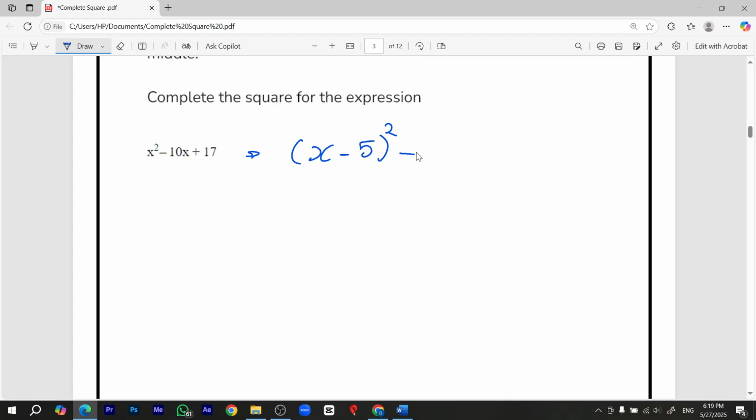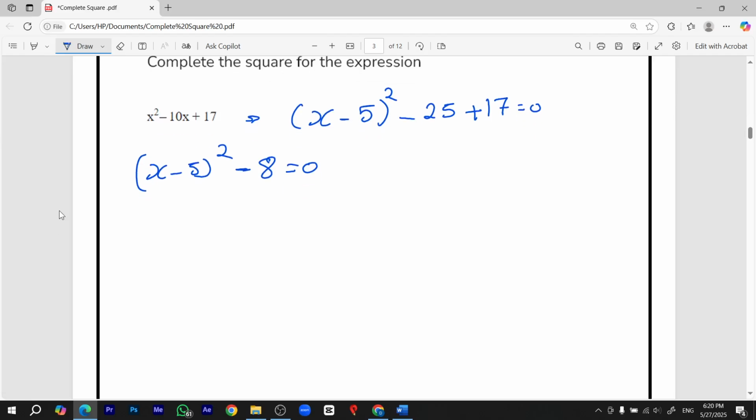Be careful, negative 5 to the power 2 is 25, plus 17 equals 0. So x minus 5 squared minus 25 plus 17, so we subtract, and the answer is minus 8 equals 0. This is the completing the square form.